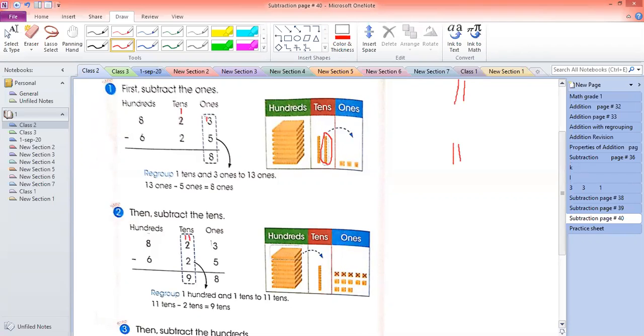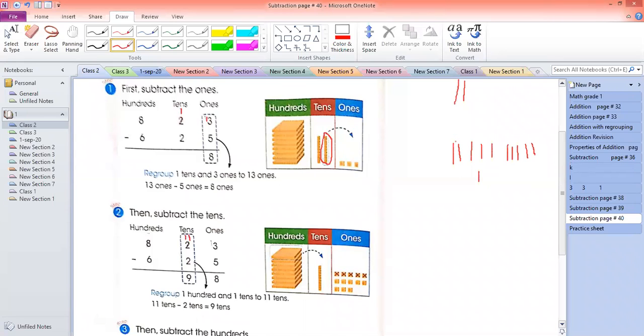So now you can draw 11 lines. 1, 2, 3, 4, 5, 6, 7, 8, 9, 10, 11. How many do you need to minus? Only 2.